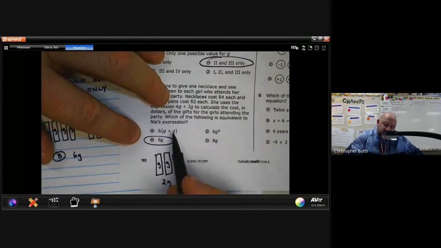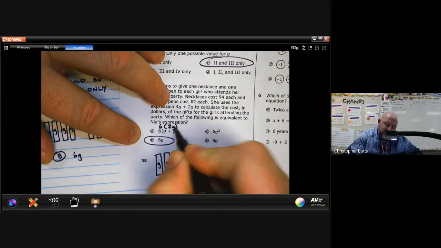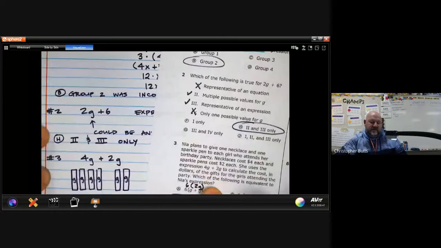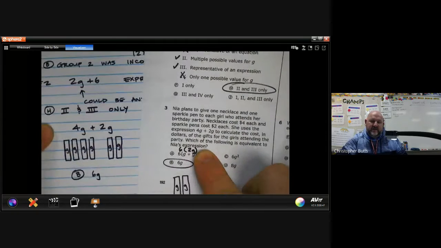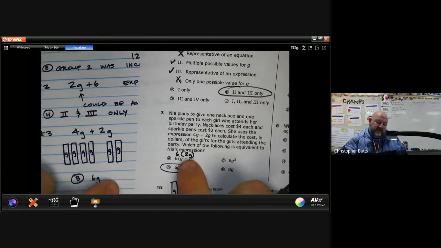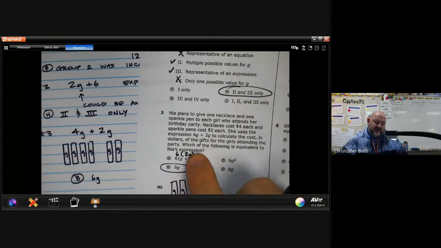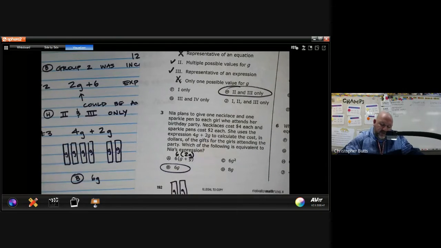So if I take those 2 things and I'm adding them together, what I would be saying here is 6 times 2G. 6 times 2G is not the same thing as 4G plus 2G. They don't look the same at all, okay? You would multiply these and you would have 6 times 2 is 12. You'd have 12G. That's not what the original problem has at all, okay?